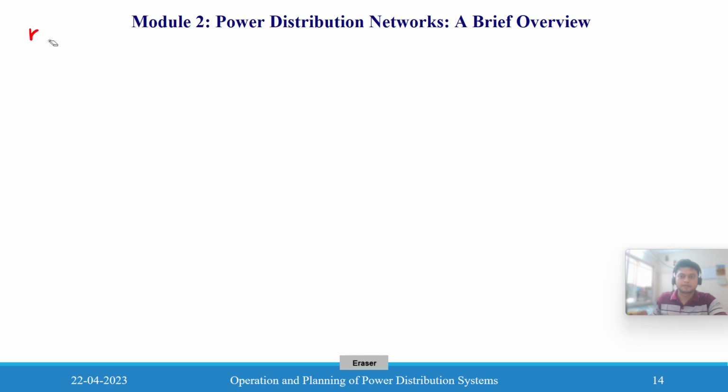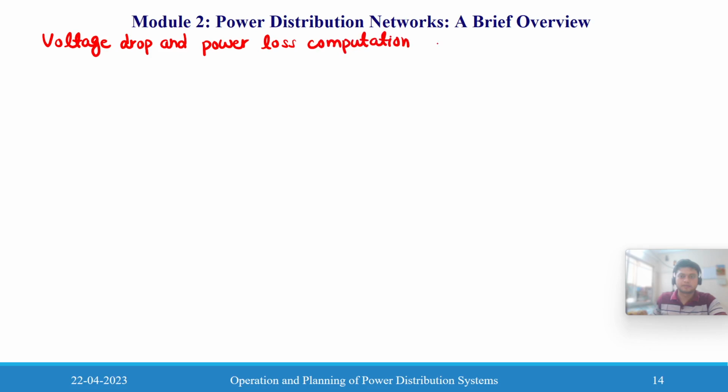First, we are looking into voltage drop and power loss computation for typical radial distribution feeders.